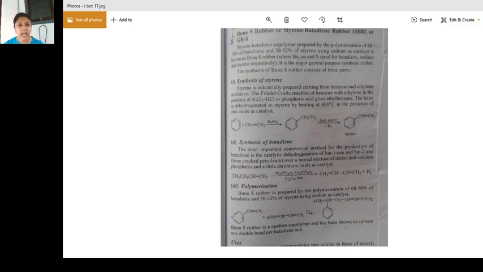Butadiene is a compound having 4 carbon atoms and 2 double bonds. The commercial method for the production of butadiene is the catalytic dehydrogenation of but-1-ene, a compound having only one double bond and 4 carbon atoms. On undergoing catalytic dehydrogenation, that is removal of hydrogen atoms from the other 2 carbon atoms, a double bond more is formed.